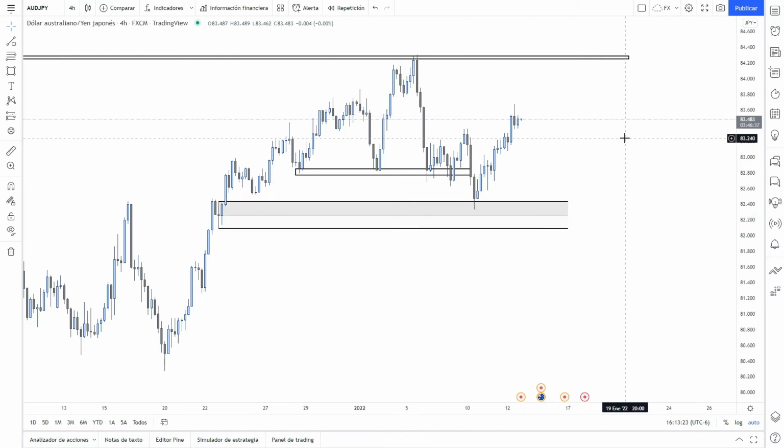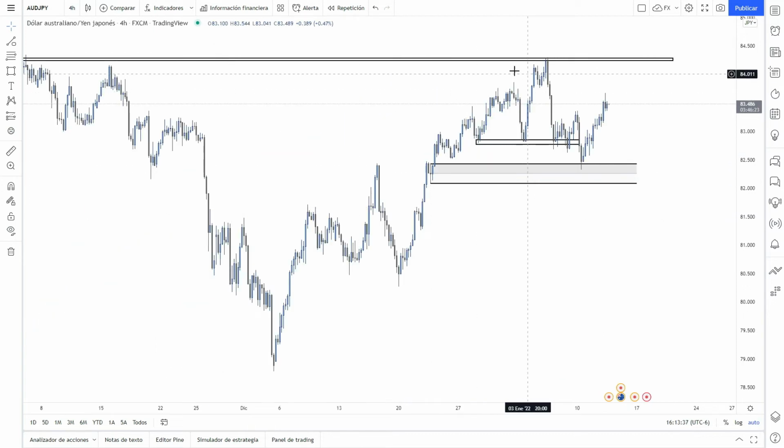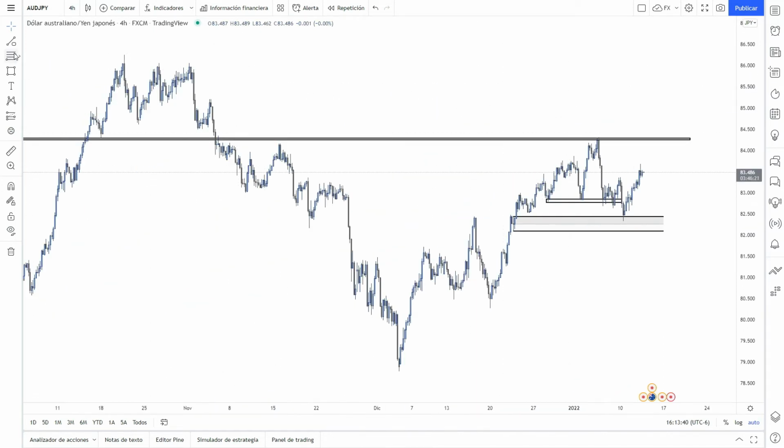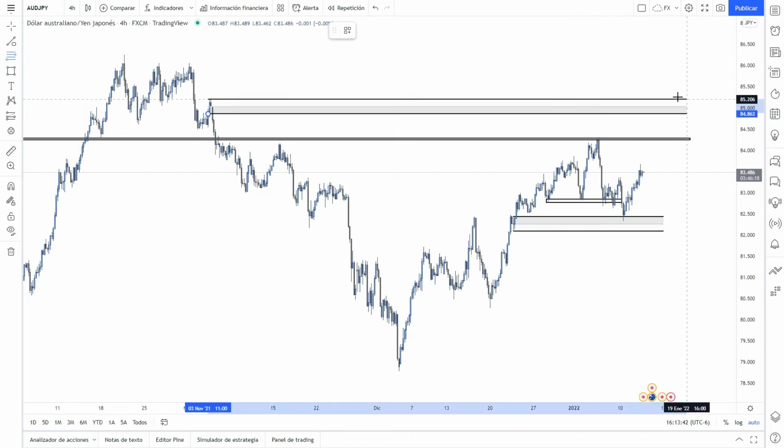Once you start trading using this approach, you will realize that most of the time below a support there is a demand level, like in this case we have a CP level. Above a resistance we have a supply level too.